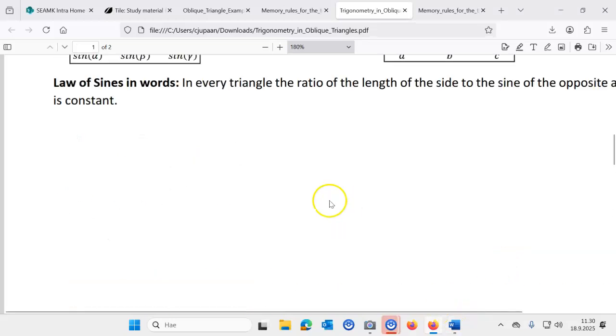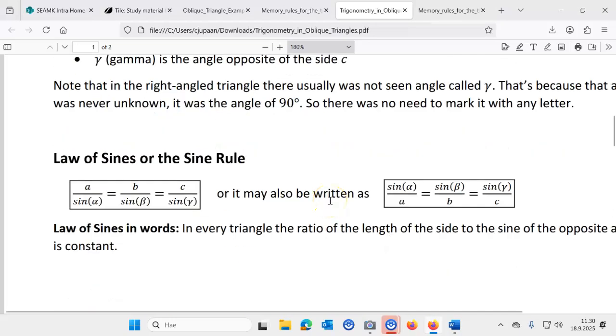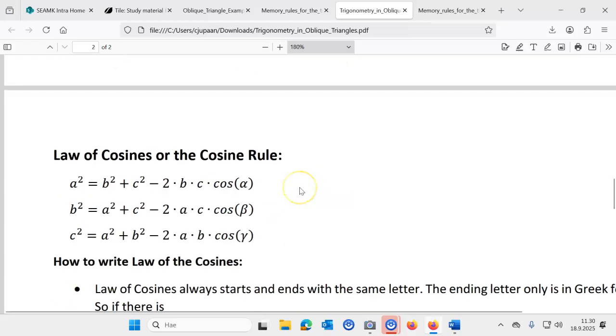Now if we start with sine rule or law of sines, this is not helpful, because when you use these equations or formulas, you need to know at least one angle. So it is no use to use these.